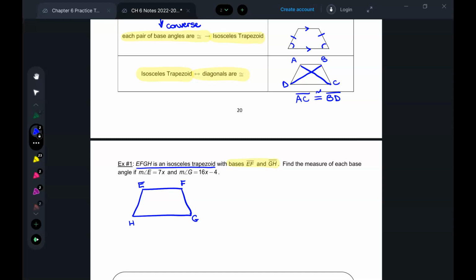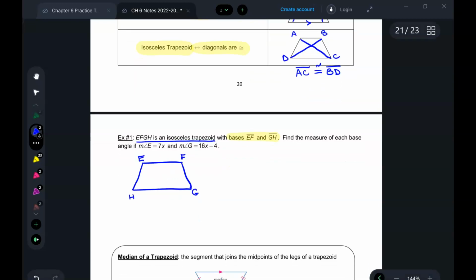Okay, now we have an isosceles trapezoid, and the measure of angle E is 7x, and G is 16x minus 4. Make them equal to each other? In a parallelogram, opposite angles are congruent, but is a trapezoid a parallelogram?